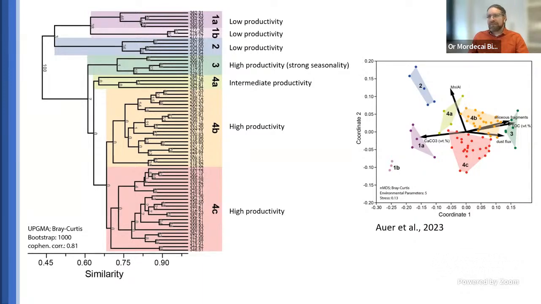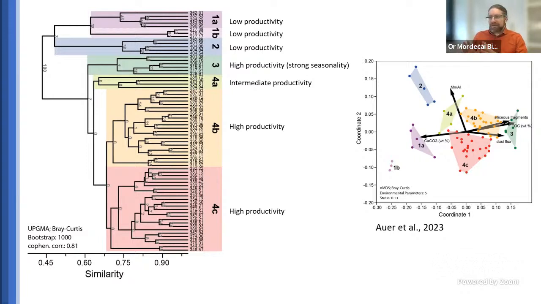And the assemblages that came out were very interesting because we found low productivity assemblages, intermediate productivity assemblages, and high productivity assemblages. And he also had one of his students look at the planktonic foraminifera so we can pair those.